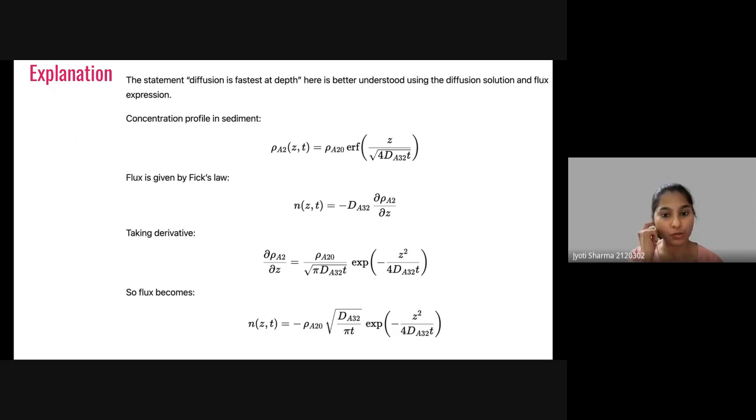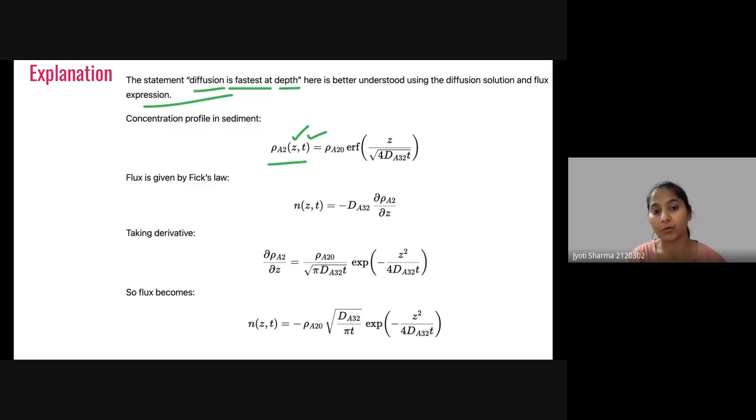Again, I'm showing you the same thing. We know that diffusion is fastest at depth, but just leave that statement right now. Just see here, your concentration of A in the pore water is also a function of distance and time on the sediment side, right?